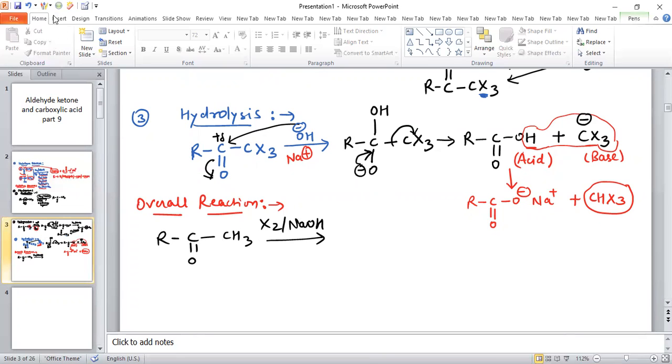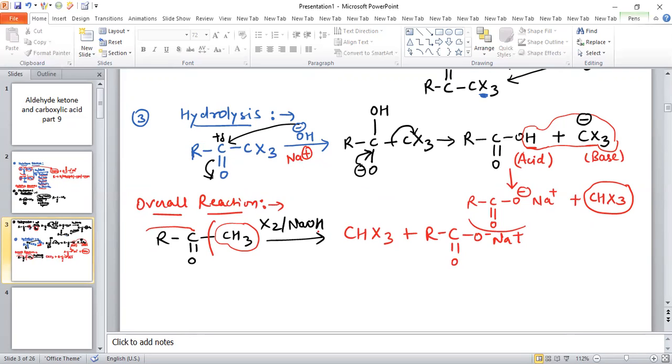Basically what happens in this case is that the CX3 group gets converted into CHX3, and the remaining part will convert into the salt of carboxylic acid. So this is basically the overall reaction.